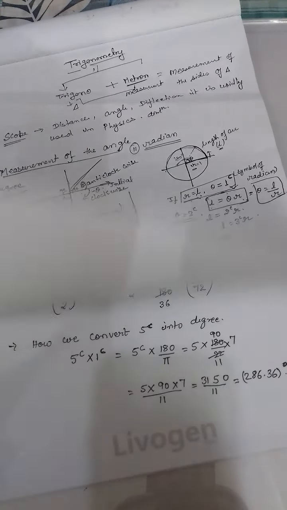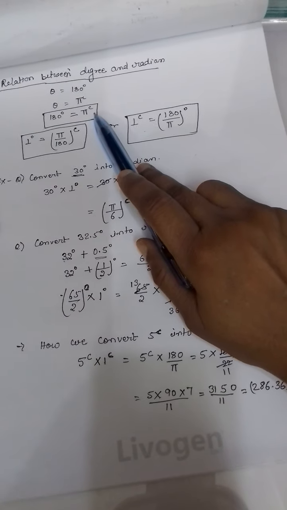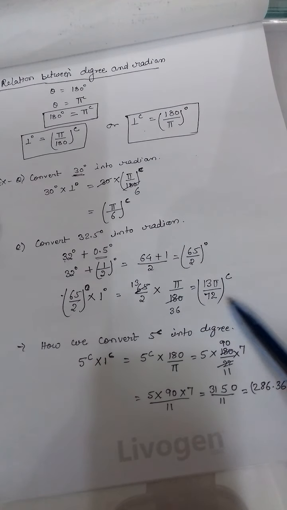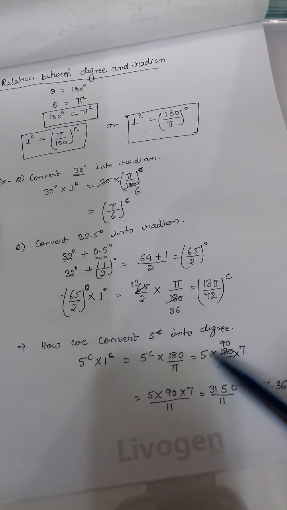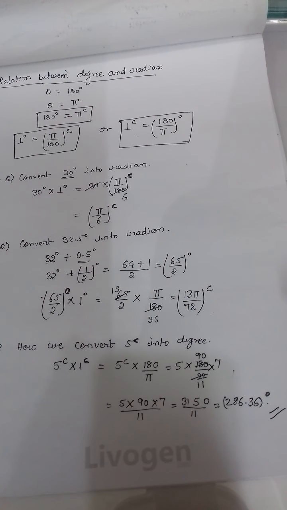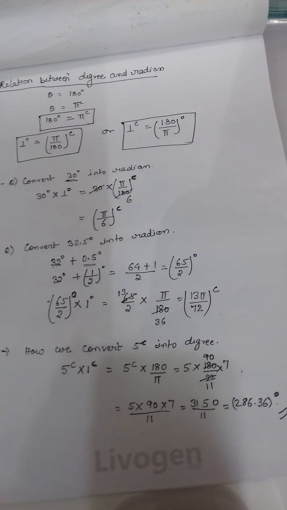And here we get what is the relation between degree and radian, how we convert it. This is the way to convert the things in two ways. By this method, you should try to do the sums of exercise 3.1. Okay students, thank you.